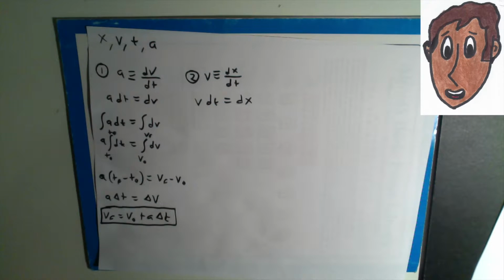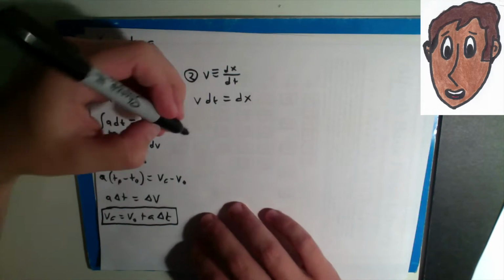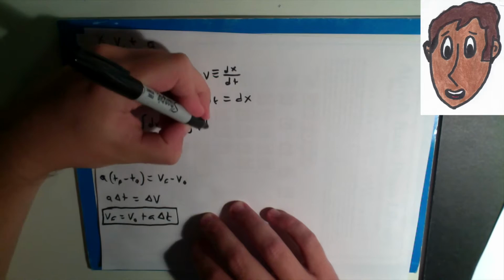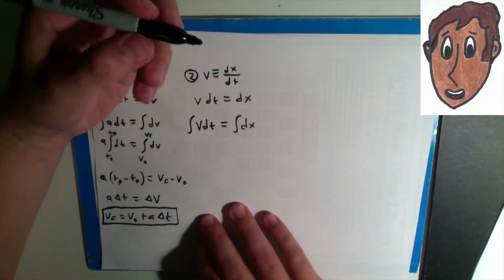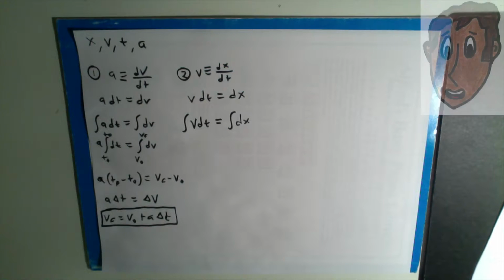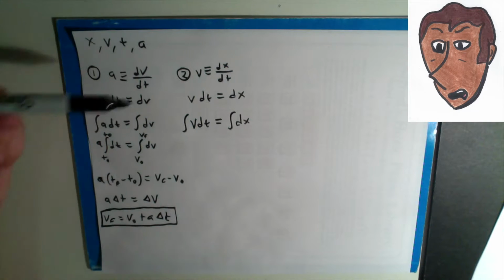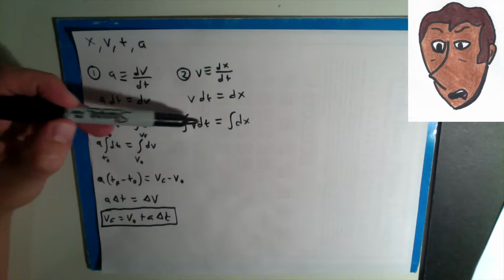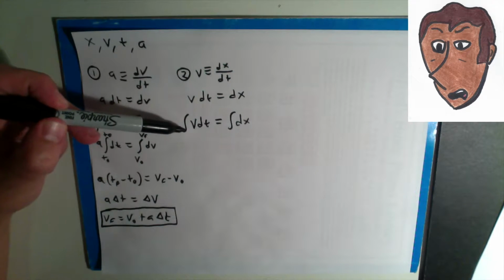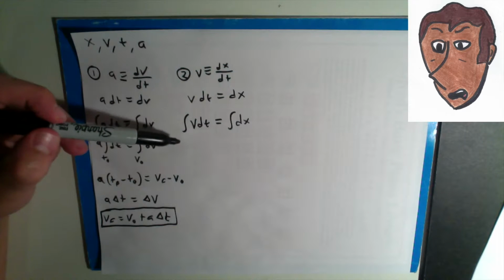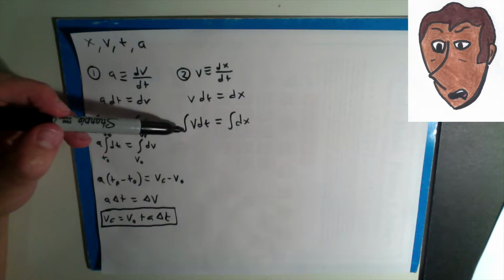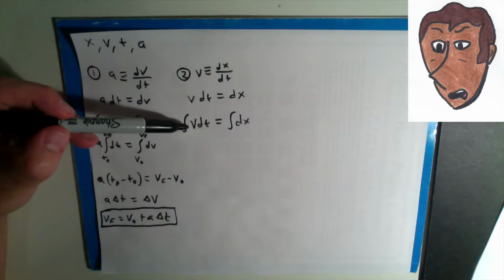And now what do we do? Of course we integrate. So the integral of v with respect to t equals integral of dx. So in this case we have something a little different. Our integral with respect to t, v is not a constant. The velocity can change with time. So we can't really do this integral with just a v in there.